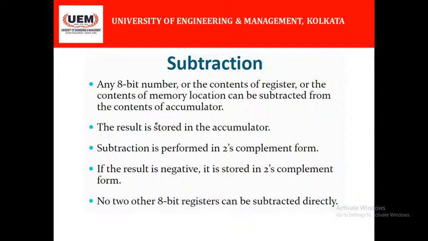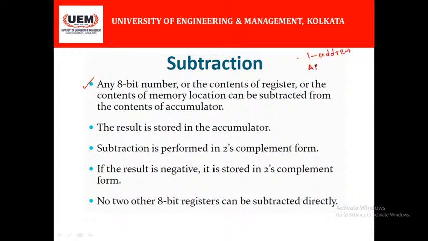Next is subtraction. In the case of subtraction, any 8-bit number, the contents of a register, or the contents of a memory location can be subtracted from the content of the accumulator. So we can conclude that it is basically a one address instruction. Why one address?